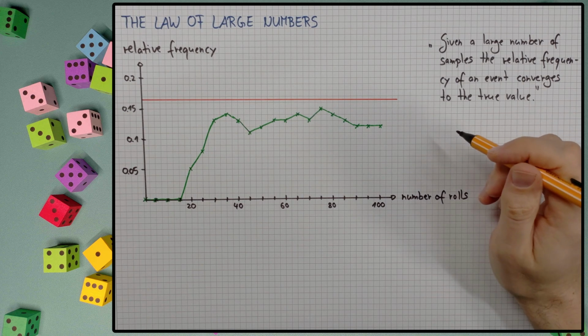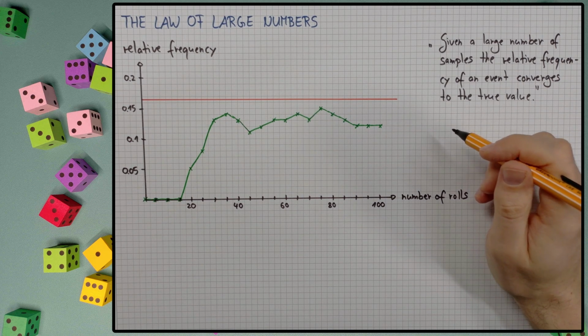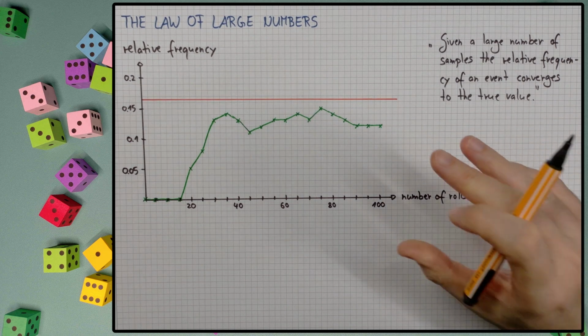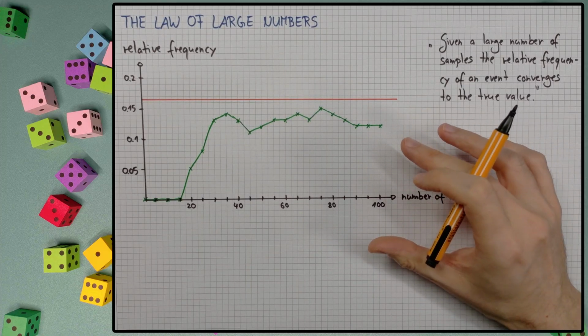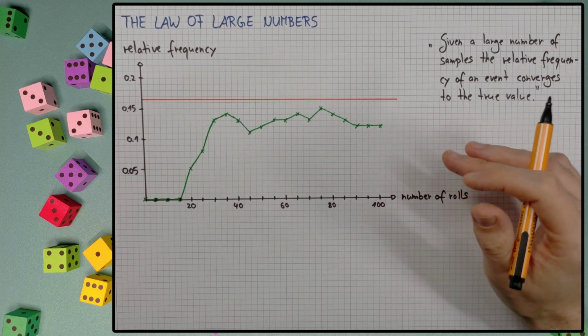And that is how we arrive at probability for every elementary event, for every outcome. We assign a number.